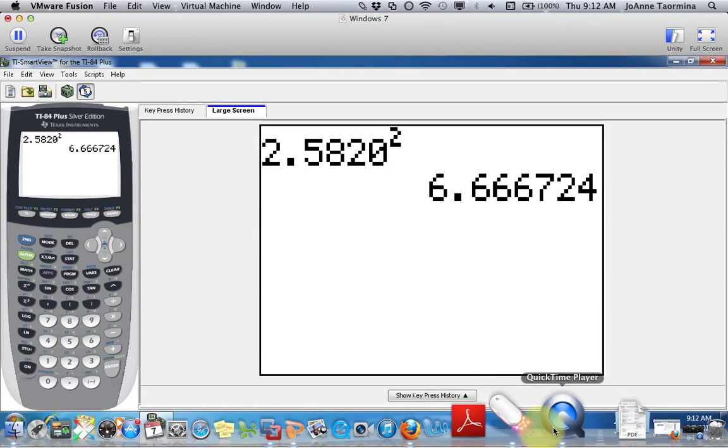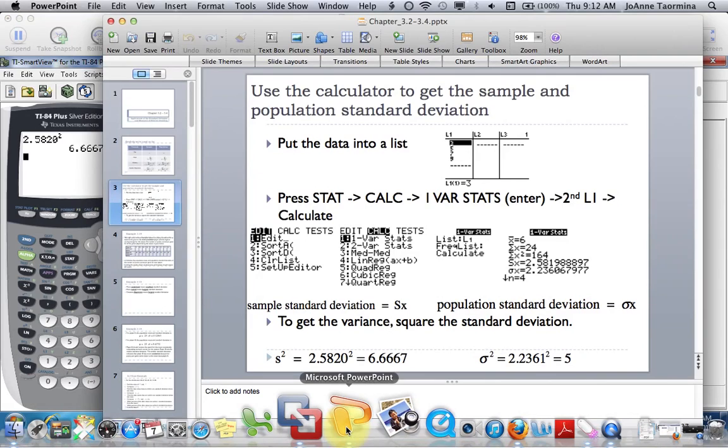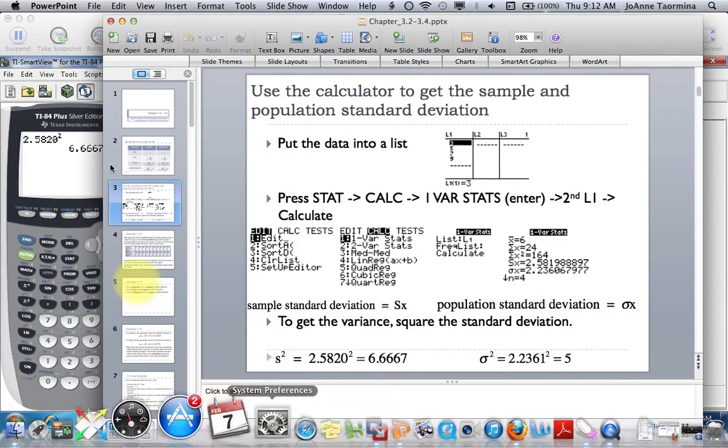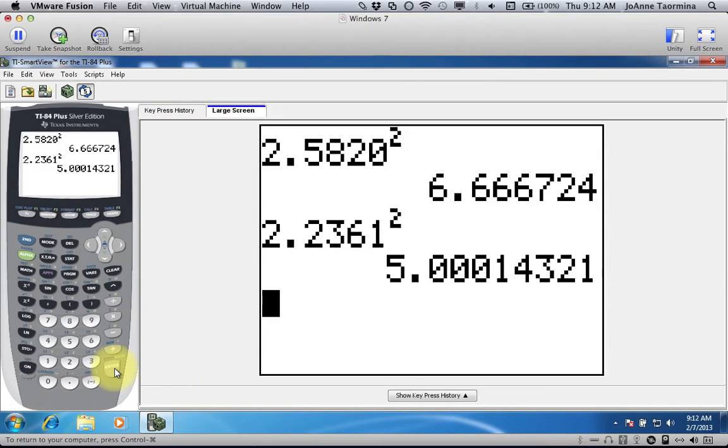And the population standard deviation, which is 2.2361. If we square that, we get, when rounded to 4 places, 5.0001. Okay, so that would be a more precise answer than the 5 I have in our PowerPoint.